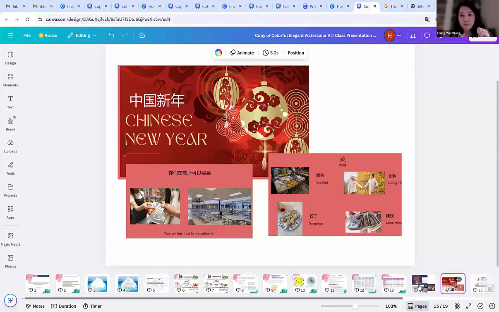But some students managed to use the song lyrics, 代表, represent, like the noodles represent longevity, the dumpling represents fortune, something like that. So I'm happy that, even though it's gradual, they can integrate it in their presentation. I'm happy to see that as a teacher.